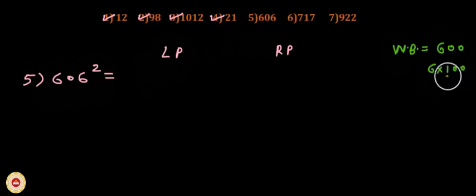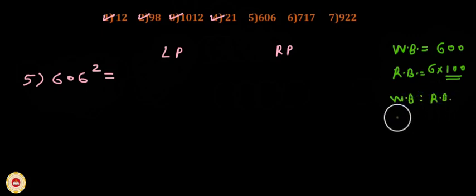It means that 100 is the real base. So 600 is the nearest working base for the given number 606 and 100 is the nearest real base. Now ratio. Ratio of working base to real base. Working base is 600, real base is 100. So ratio is 6.